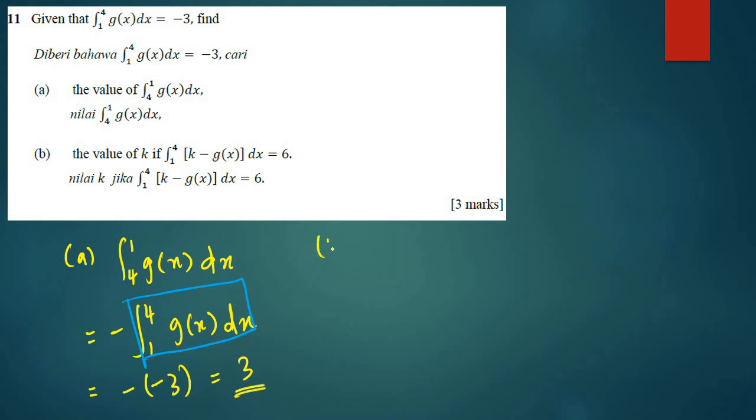Okay, for B, find the value of k if the integral from 1 to 4 of k minus g(x) dx equals 6. So from 1 to 4, k minus g(x) dx equals 6.